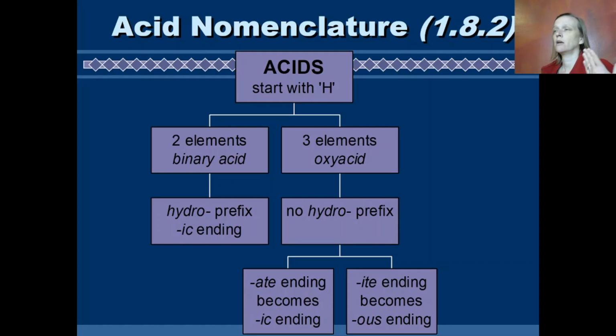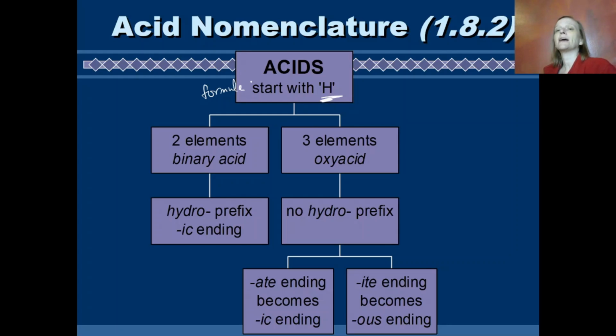Potassium hydroxide, sodium hydroxide, you name them as normal ionic compounds. But acids, we do change up their names a little bit. Acids, the formula starts with H. H is the first element you see in the formula.